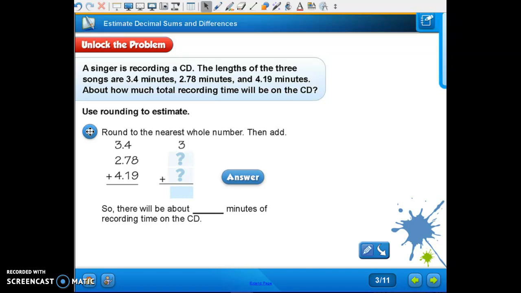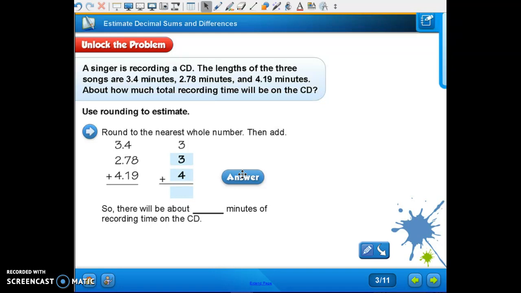Makes it do what? Go up 1. And does 1 affect the 4? No. Makes it stay the same. So 3 4/10 is rounded to 3. 2 78/100 is rounded to 3, and 4 19/100 is rounded to 4.